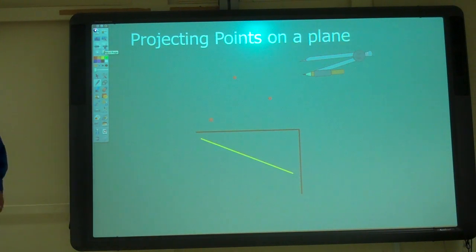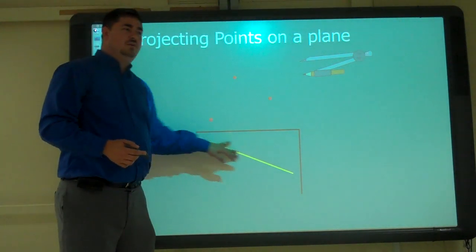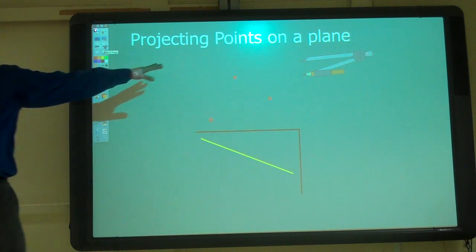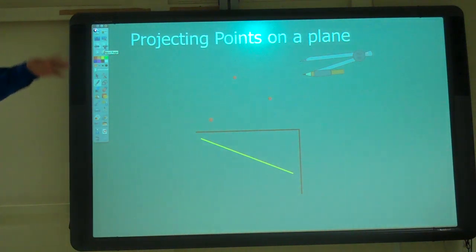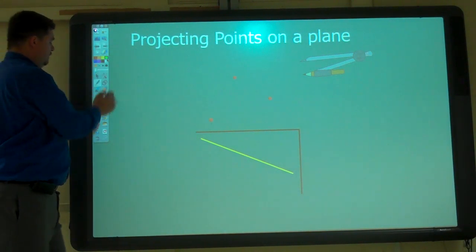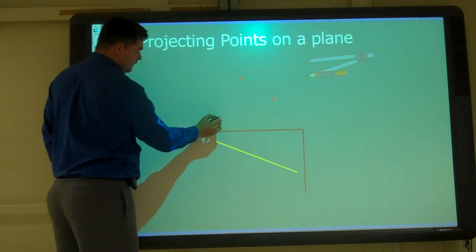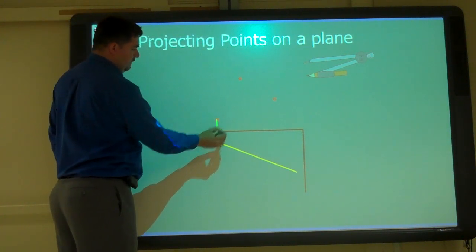So now here's another thing. Now I have a plane here, so all three of these points are on that plane somewhere. And a plane goes forever, right? A plane is defined by 3 points, goes forever. So now when I project them, I'm going to go down until it hits the plane.